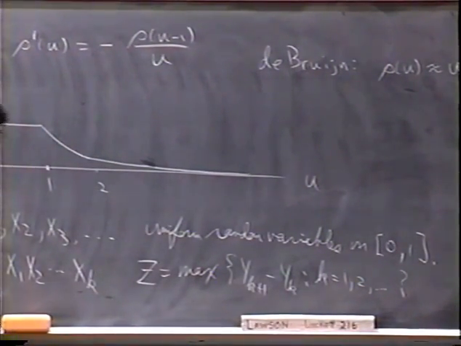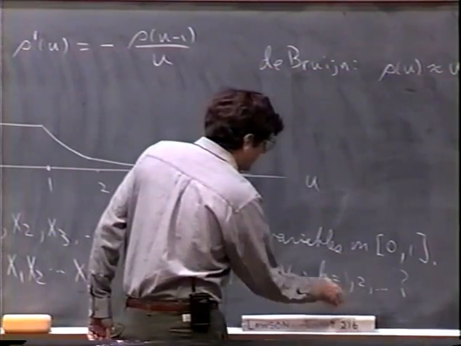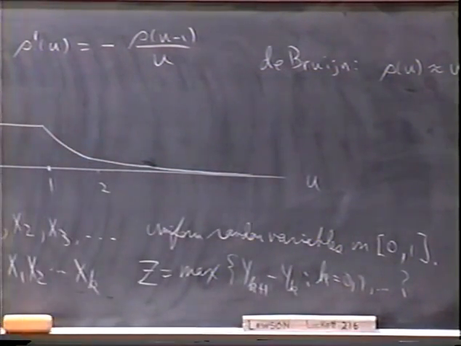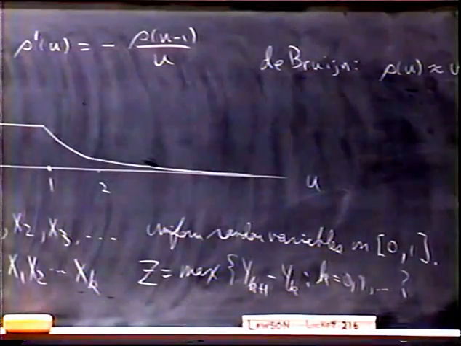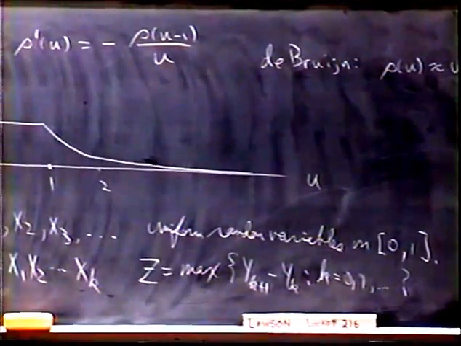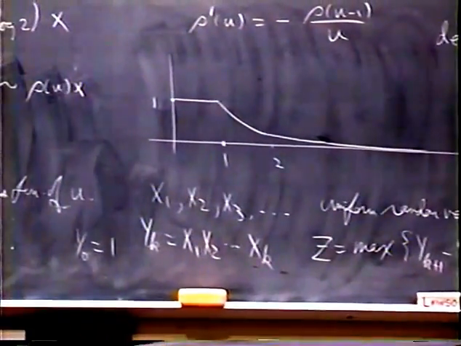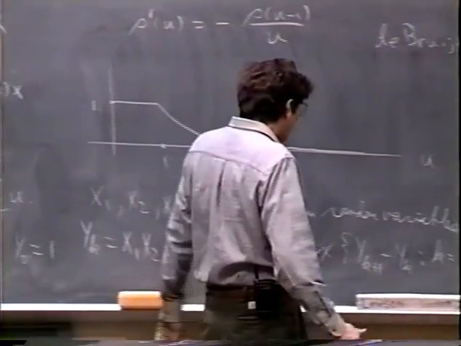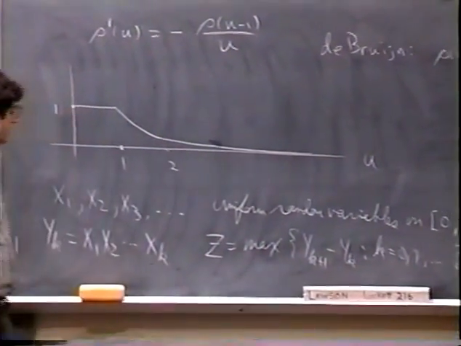Maybe I should start it at 0 and let y sub 0 just be 1. I think I need to do that. So it's just a constant 1. And now you can ask, how big is this maximum gap?